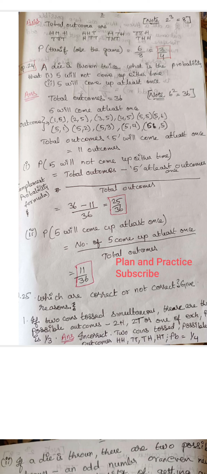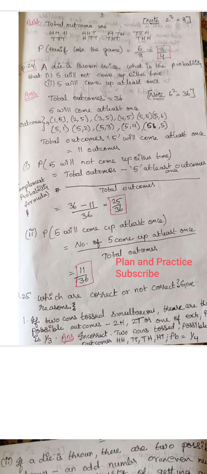Now they are asking us to find the probability Hanif will lose the game. Hanif wins if all the tosses give the same result. All the tosses give the same result means it should be all 3 heads or all 3 tails, otherwise he loses.